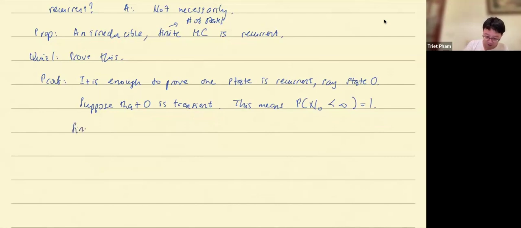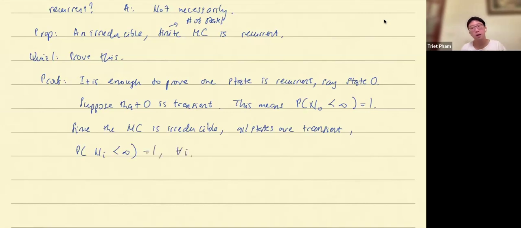Since the Markov chain is irreducible, this means all states are transient, which means the number of revisits is finite for any i.